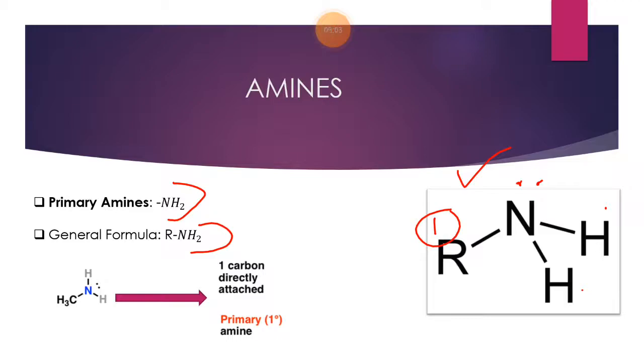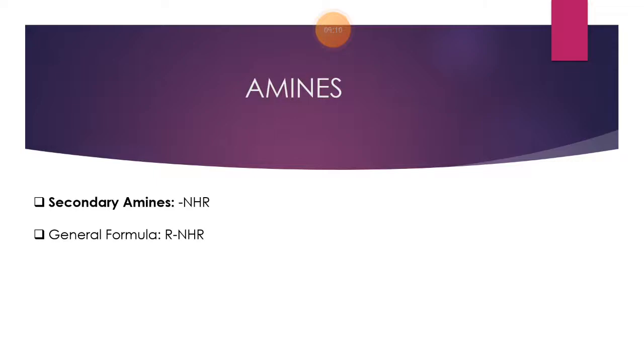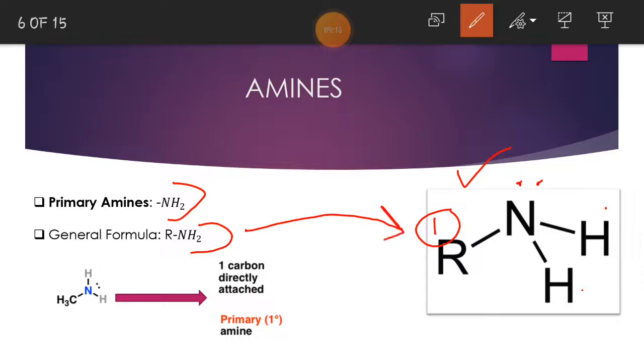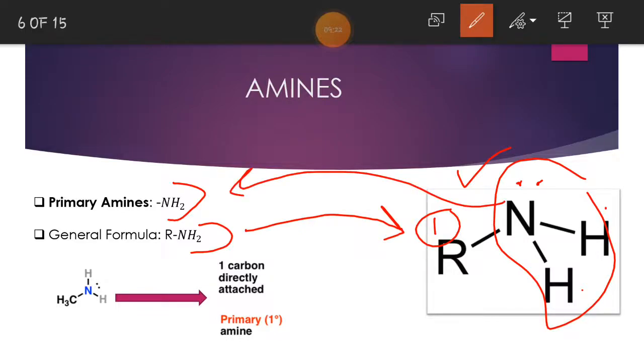Therefore, it is considered as the primary amine. In this structure, this general formula is the condensed form of this structure and this NH2 is the functional group for the primary amines.